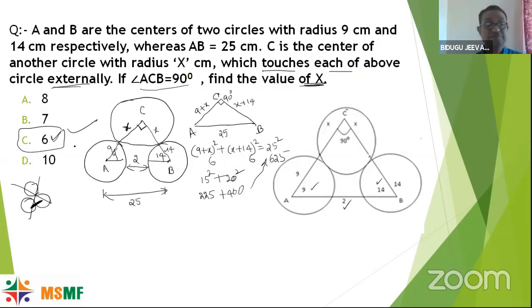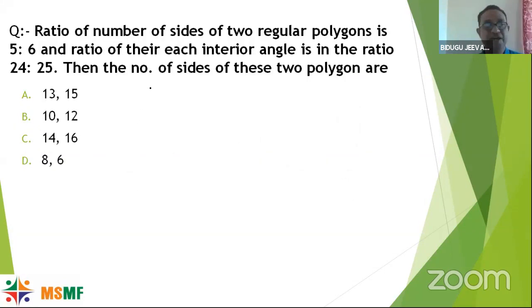Great. Right. Ratio of number of sides of two regular polygons, sides n1 is to n2, is given as 5 is to 6. Wonderful. Ratio of each interior angle. So I'll write the formula for interior angle.